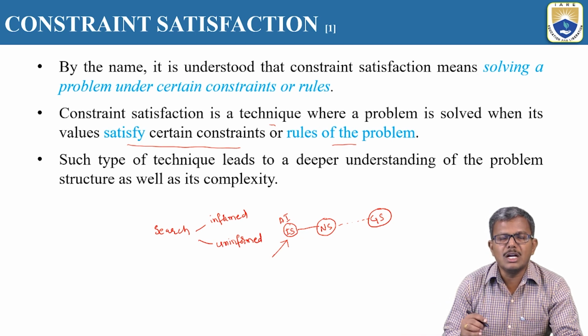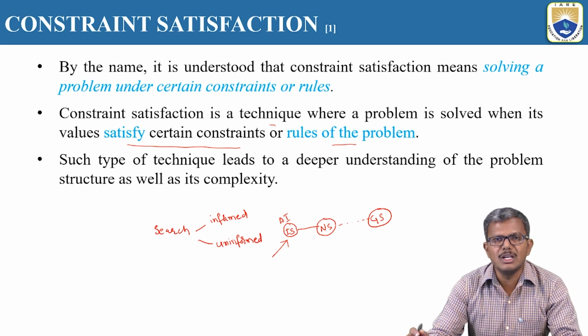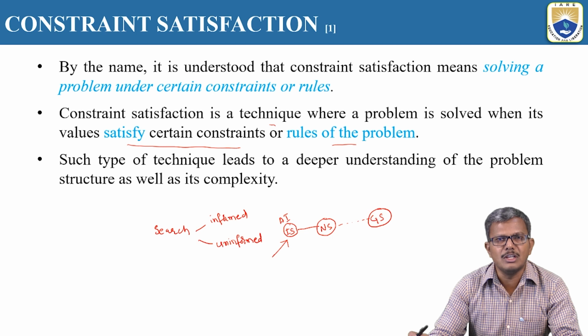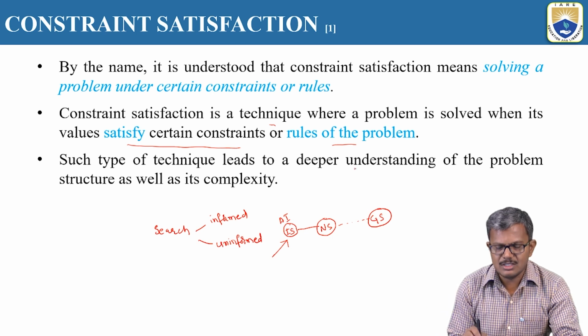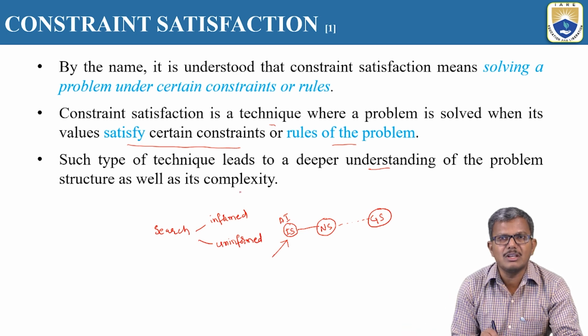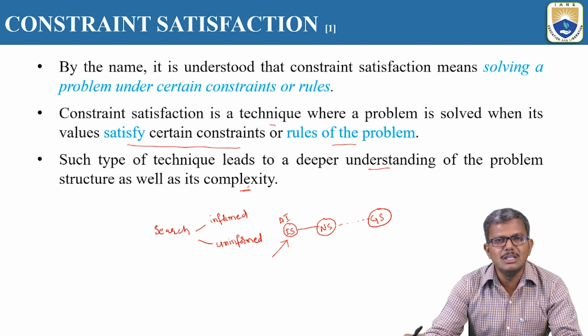In order to understand the problem statement more clearly and in depth, these techniques help us. That's why they lead to a deeper understanding of a particular problem, and we also get to know the complexity that exists in it.